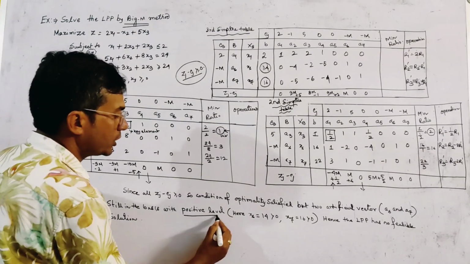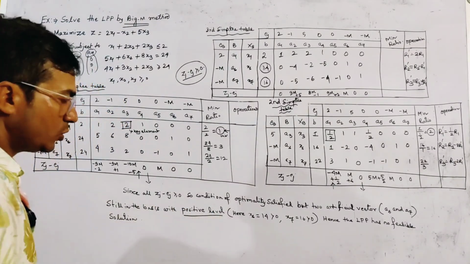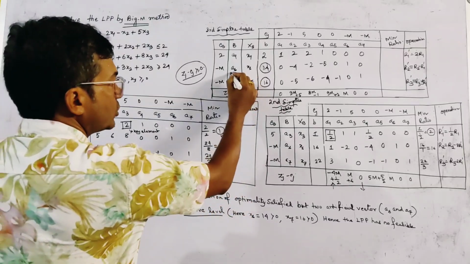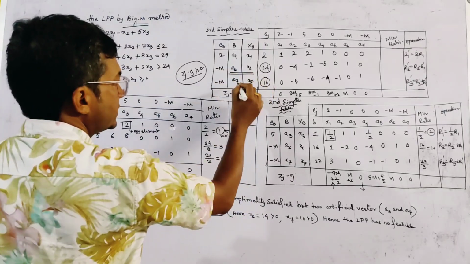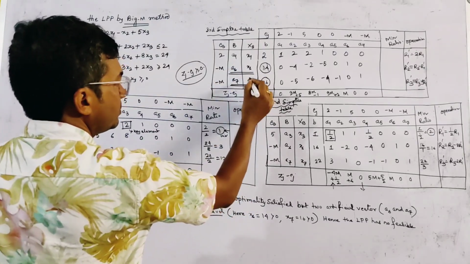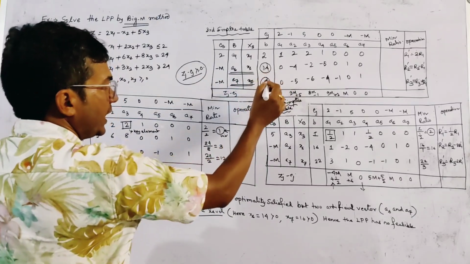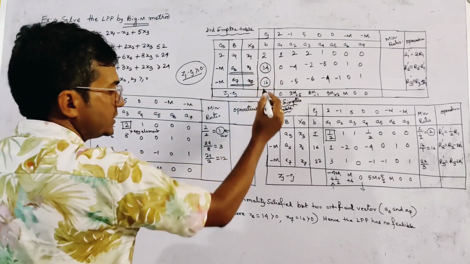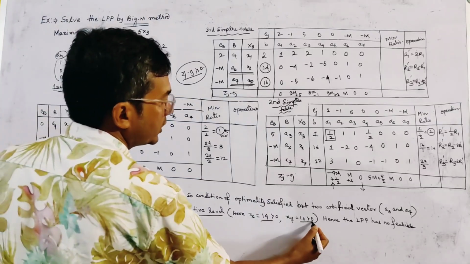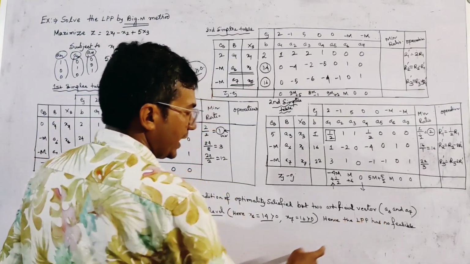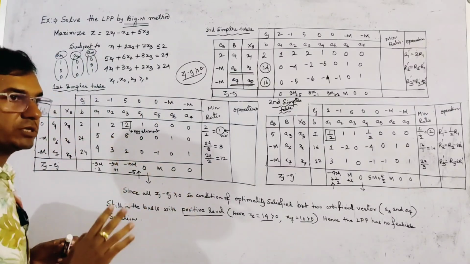This is a very important term, positive level. Why positive level? Here x6, the variable corresponding to the artificial vector A6, and x7, the variable corresponding to the artificial vector A7: x6 is equal to 14 and x7 is equal to 16, which are greater than 0. Hence we say that the LPP has no feasible solution.